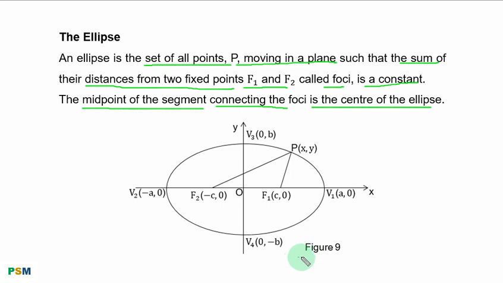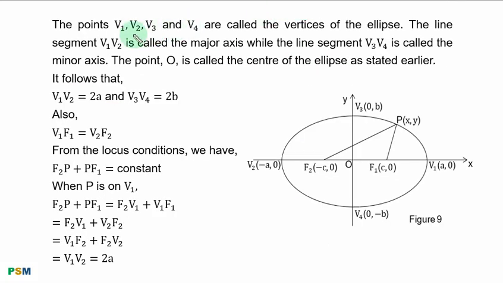You have figure 9. This is point P moving in a plane. You have the two foci, the center, then we have the vertices V1, V2 on the x-axis, V3, V4 on the y-axis. The points V1, V2, V3 and V4 are called the vertices of the ellipse.